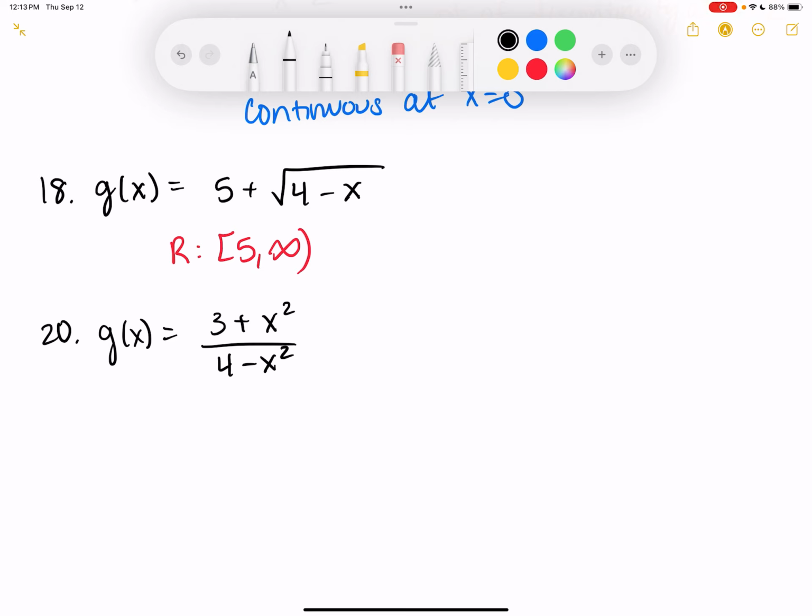So for me it's green, I think for most people it's green, but hit alpha and then y1, and you're going to see the first option says n over d. You're going to hit that, and then type in on the top 3 plus x squared, on the bottom 4 minus x squared, like that.